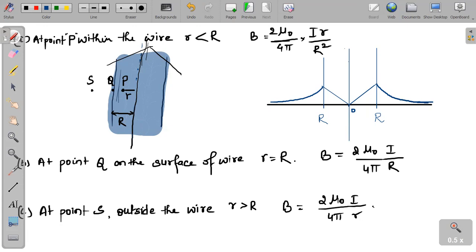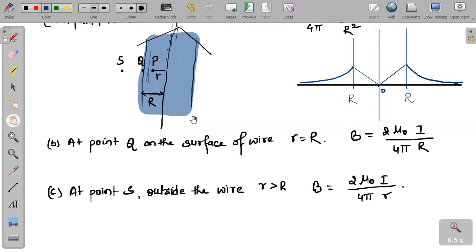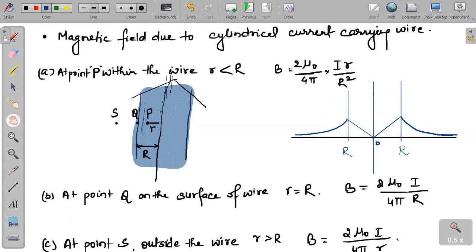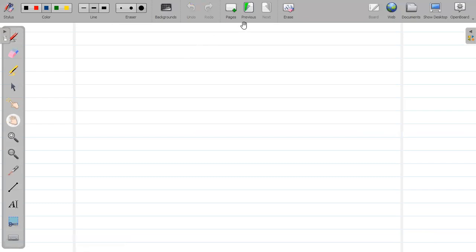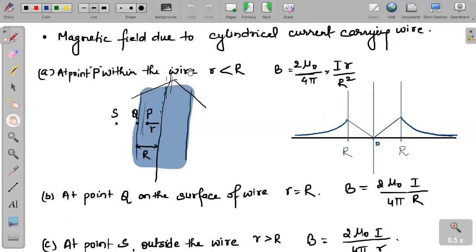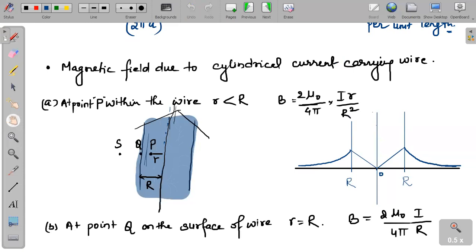The second scenario, this was sort of solid cylindrical current carrying wire.